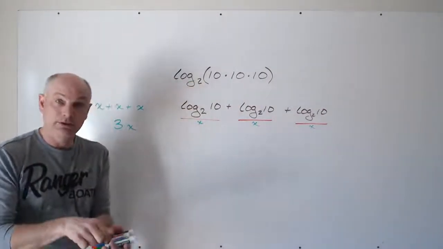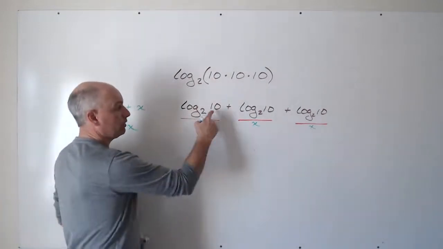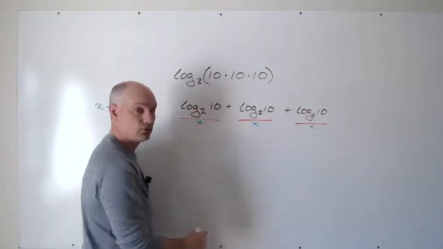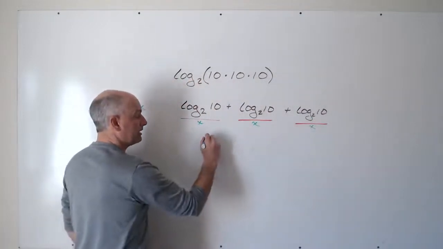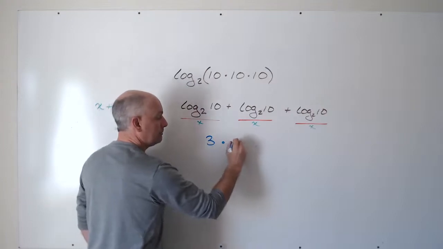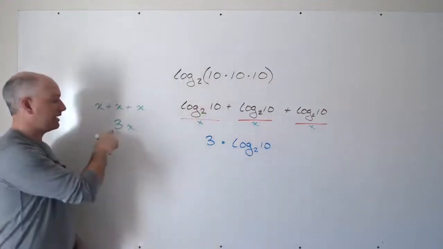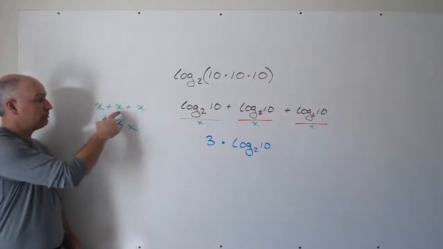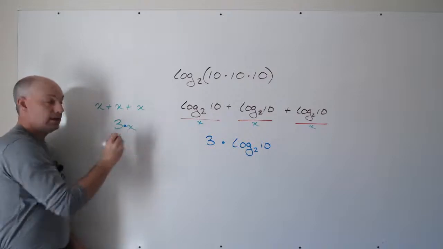I'd have 3 of them there. I can argue that if I do log base 2 of 10 plus log base 2 of 10 plus log base 2 of 10, I can write that as 3 times log base 2 of 10. Just like over here when we had x plus x plus x, we could write it as 3 times x.